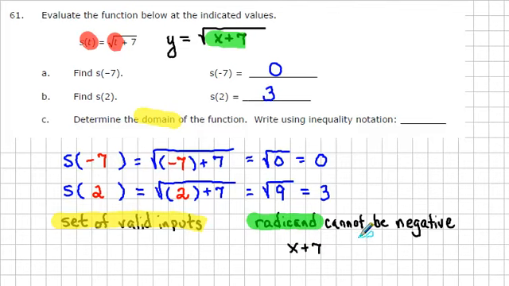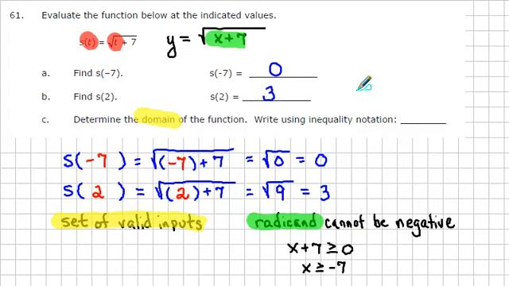If it cannot be negative, then it must be non-negative. And if something is non-negative, then it is greater than or equal to 0. In order to isolate x, we can subtract 7 from both sides, and we get x is greater than or equal to negative 7. And that's consistent with what we saw in both the table and the graph.